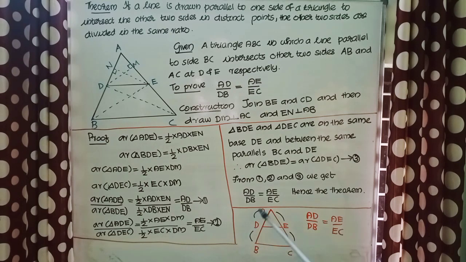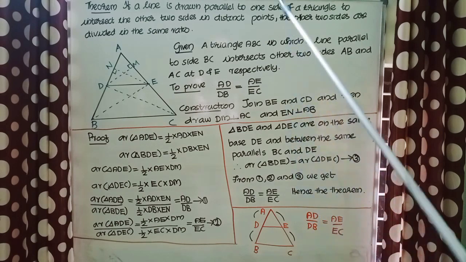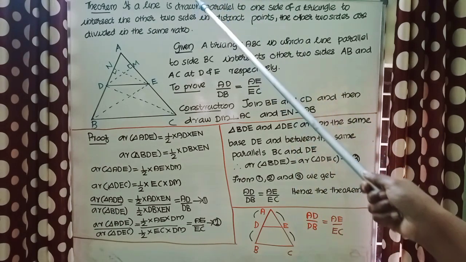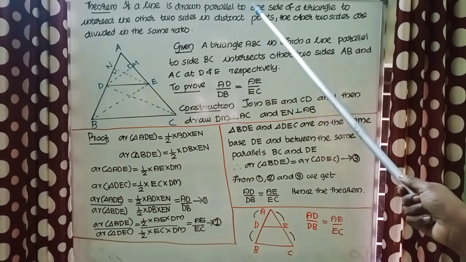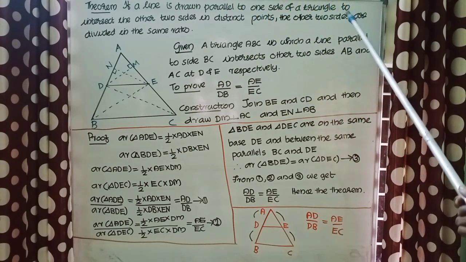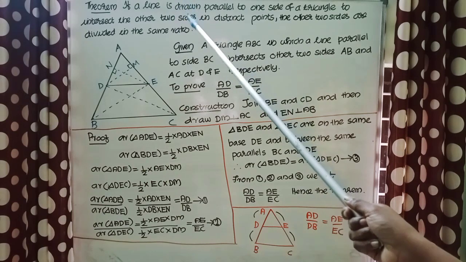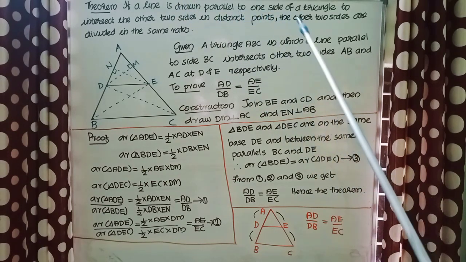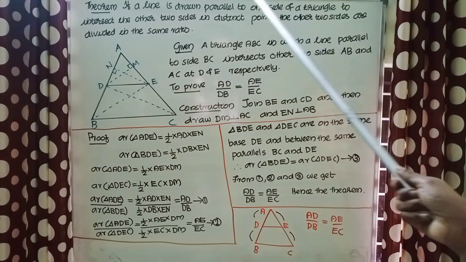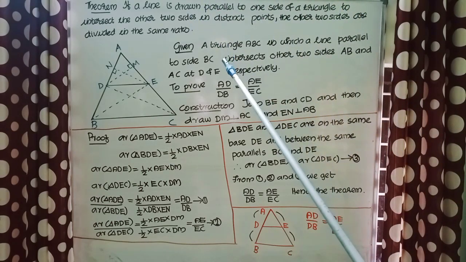Here the ratio of the side AB is AD by DB. The ratio of this side AC is AE by EC. So we need to prove AD by DB equals AE by EC. So let us read the statement once again. If a line is drawn parallel to one side of a triangle to intersect the other two sides in distinct points, the other two sides are divided in the same ratio.